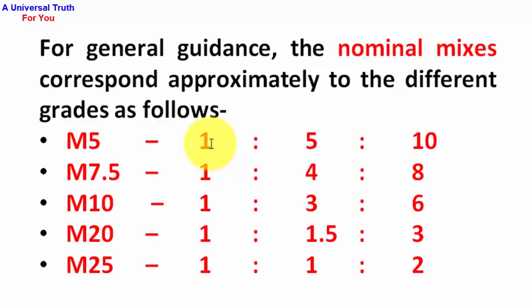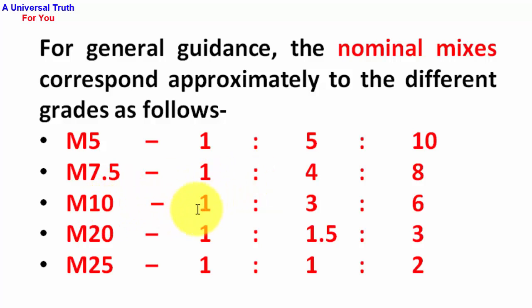For M5, this is 1 part of cement, 5 parts of sand and 10 parts of coarse aggregate. Similarly, for M7.5, 1 part is cement, 4 parts is sand and 8 parts is coarse aggregate.